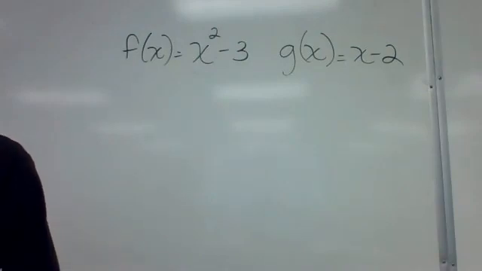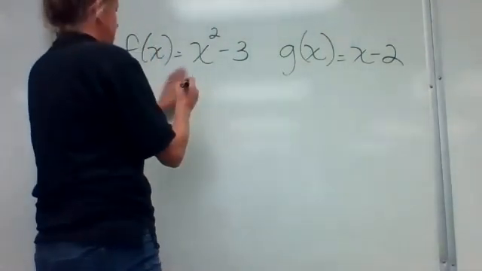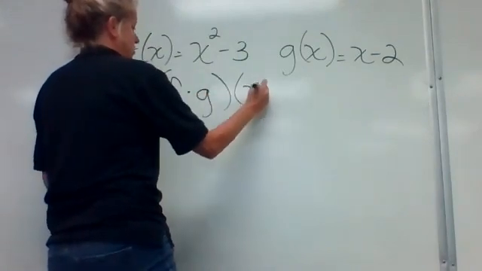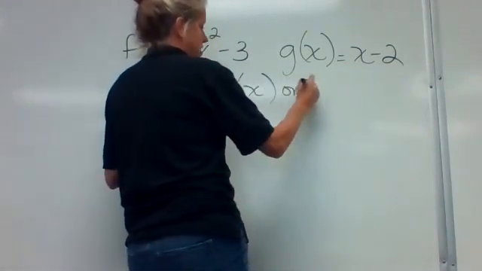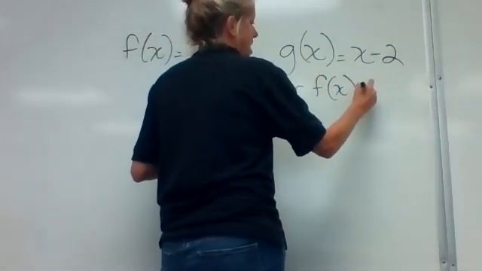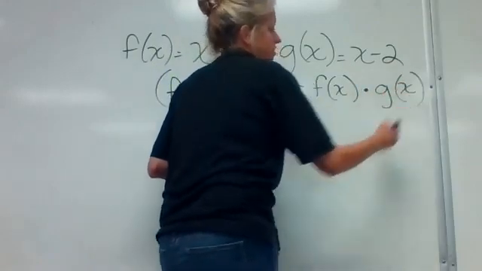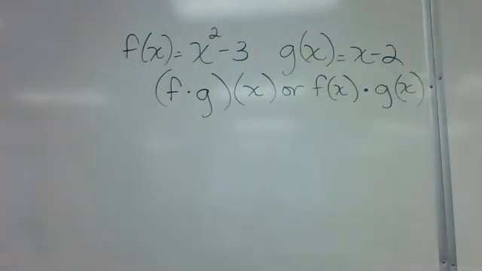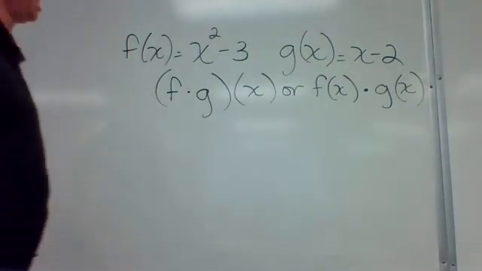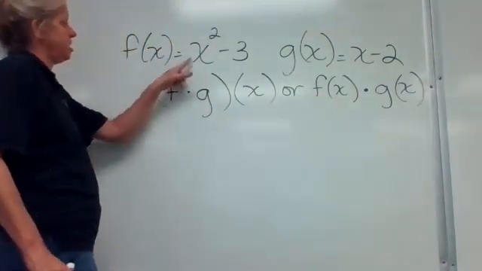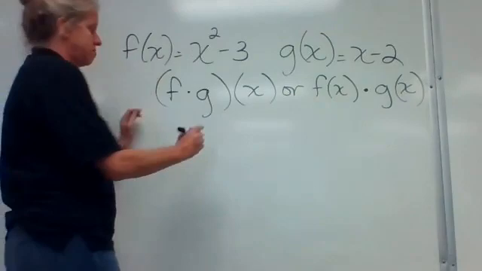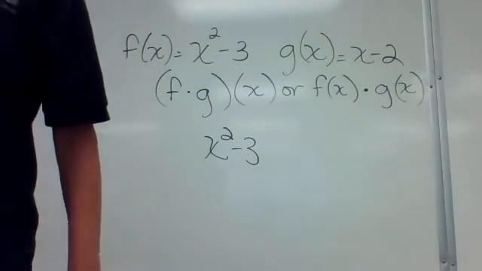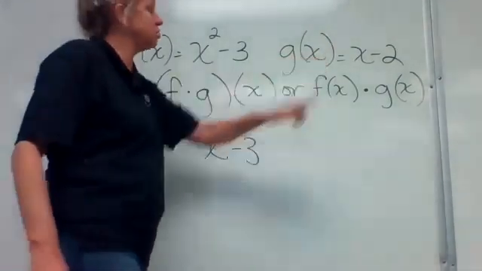And it wants me to find f times g of x, or f of x times g of x. So let's see, f of x is equal to, here's my f function, x squared minus 3. My g of x is x minus 2.